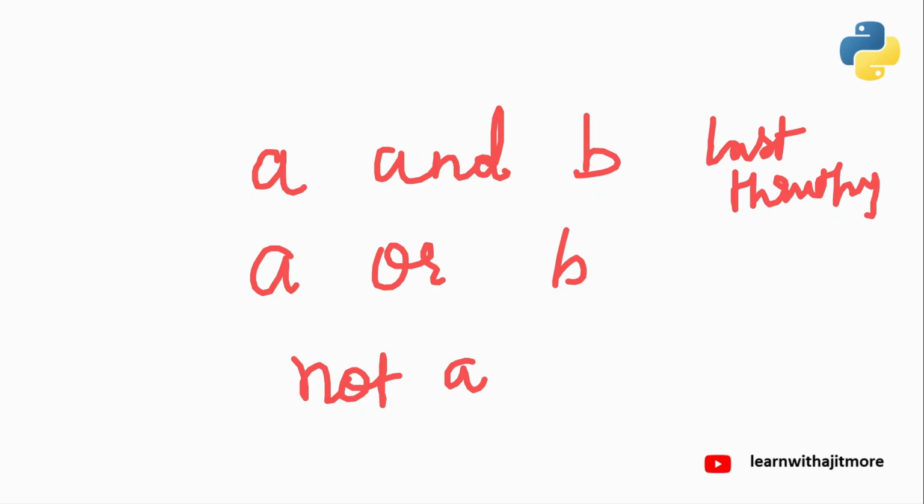Otherwise, the first false value. The first falsy value, or the last truthy value if all are true. In case of OR, the opposite. It will give you the first truthy value, or the last falsy value. Right?